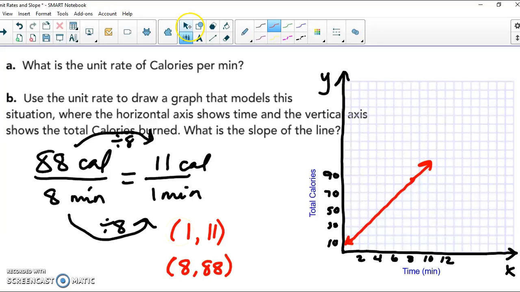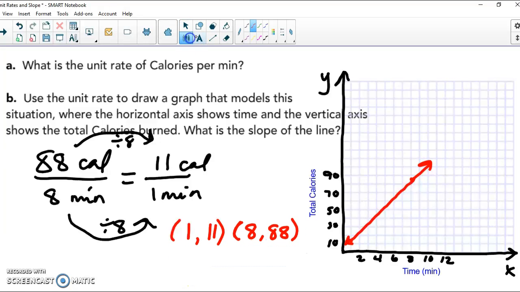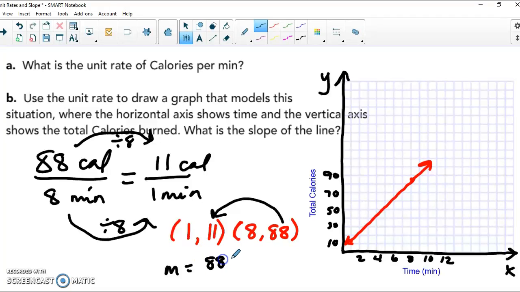So I have my 2 points, and if I put these side by side, I can calculate my slope of this line by doing the change in y. So I'm going to subtract my y values over the change in x. Subtract my x values. So 88 minus 11 is 77. 8 minus 1 is 7.